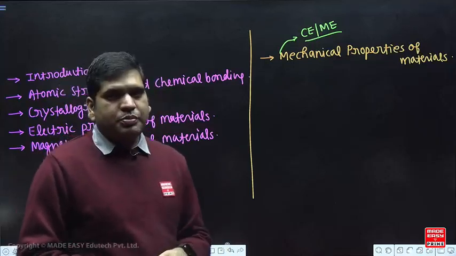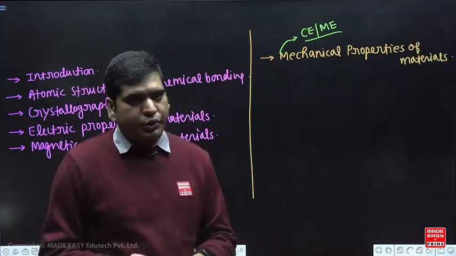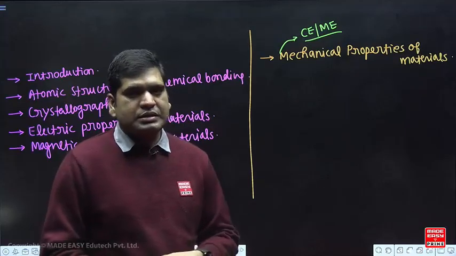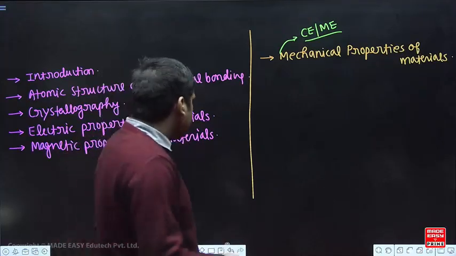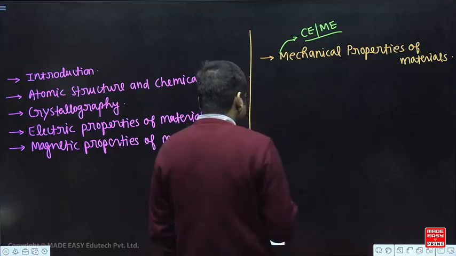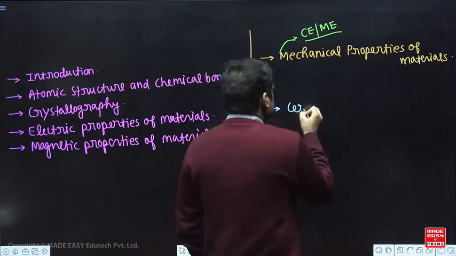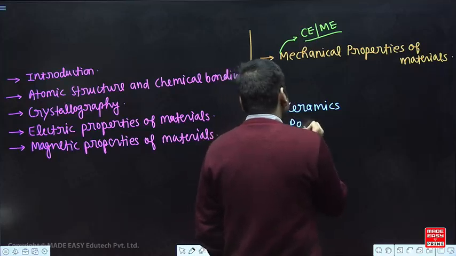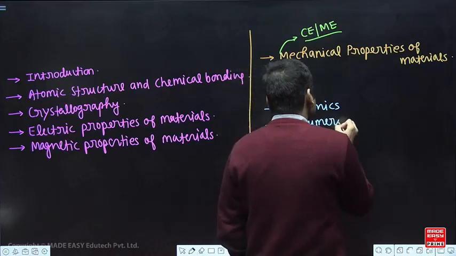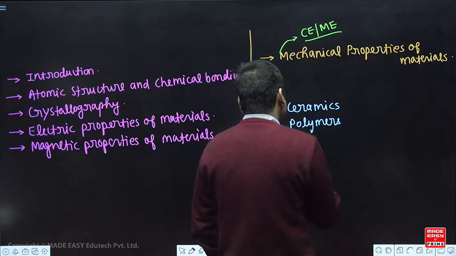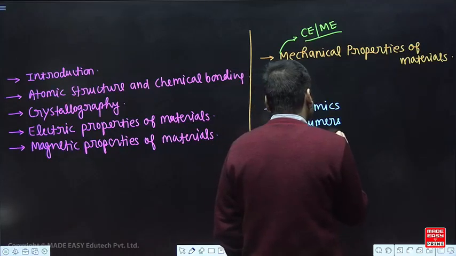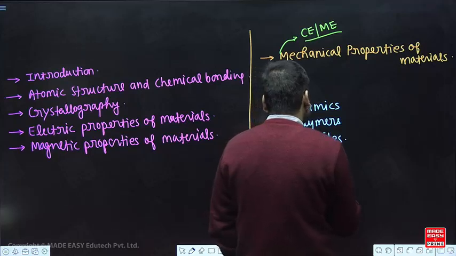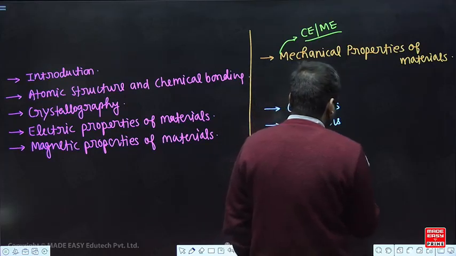But EC electrical people will be provided a video today, and you have to watch that video so that you can understand this topic. Remaining topics I would be teaching in the class. Remainings are ceramics, polymers, composites, and phase diagram, and alloys.